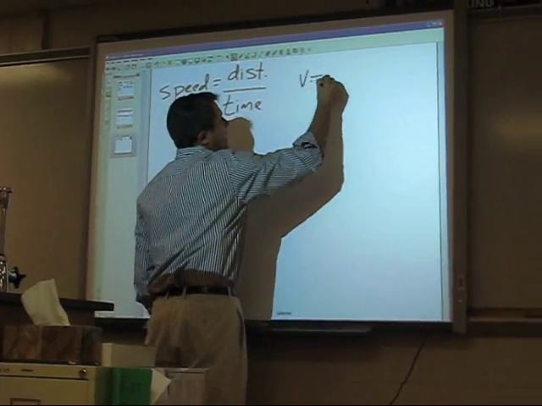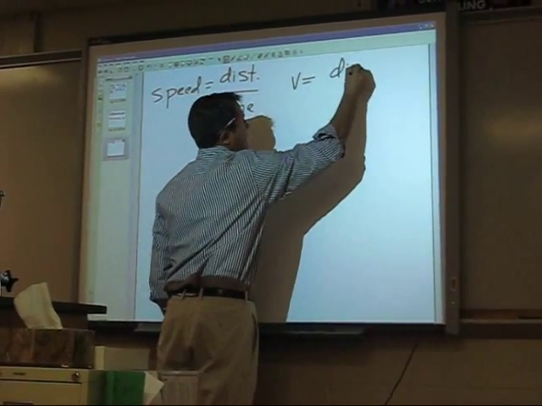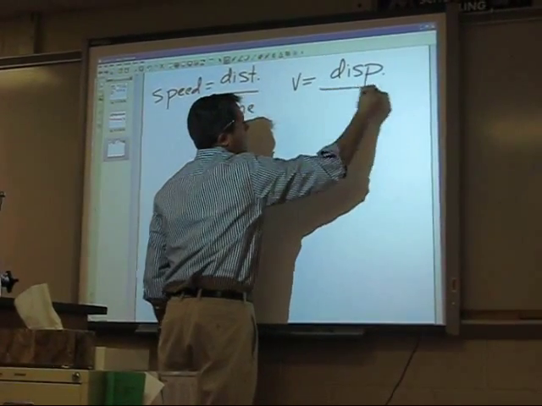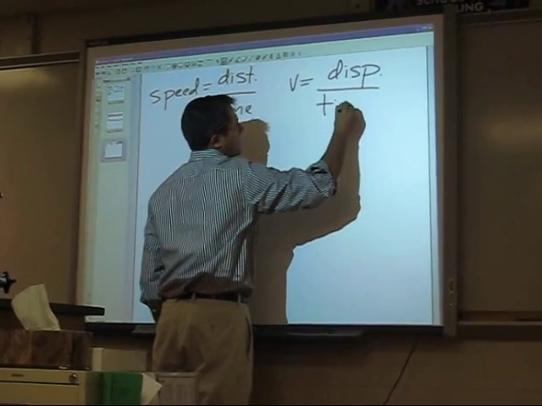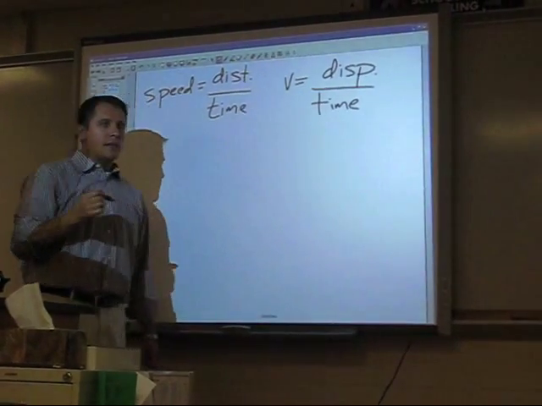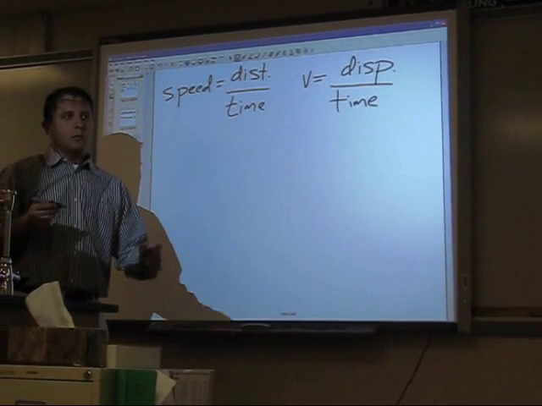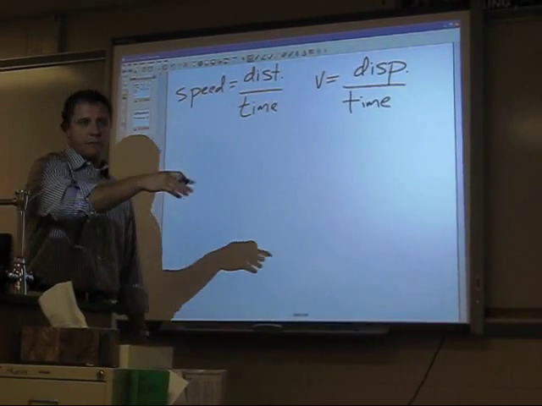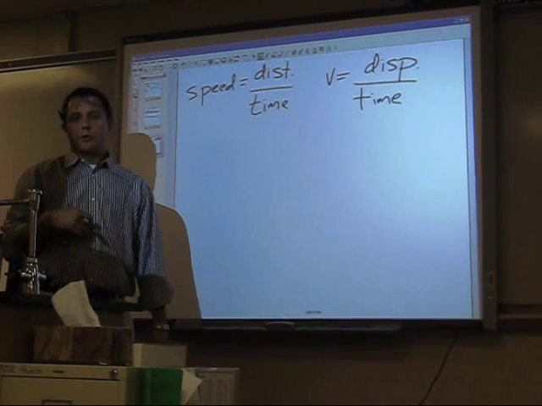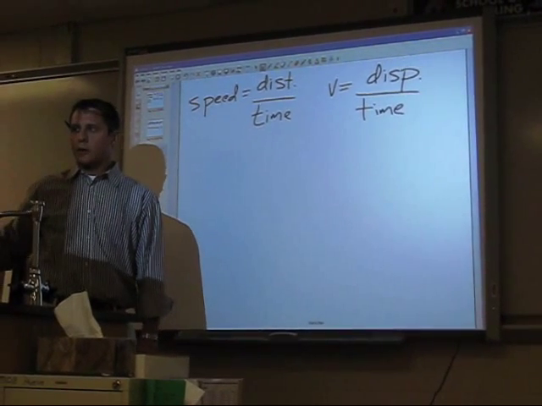Velocity is the total displacement over the total time. Remember the difference there? Total distance is what your feet feel walking that. Total displacement is the distance from where you started.